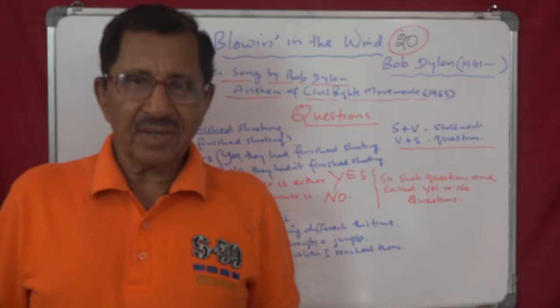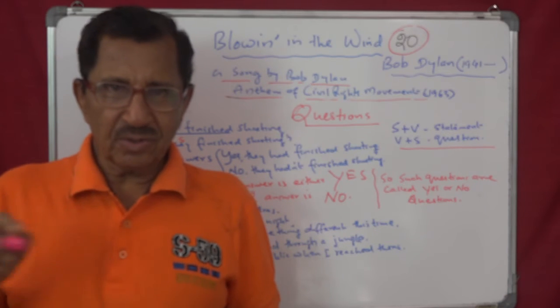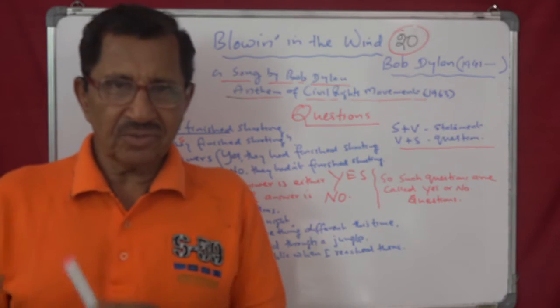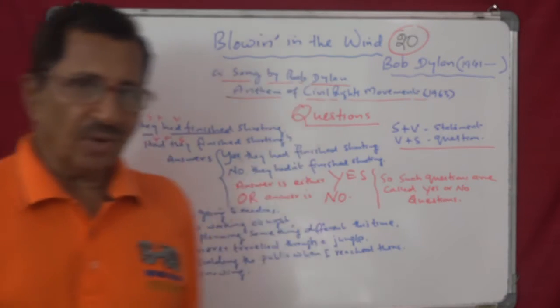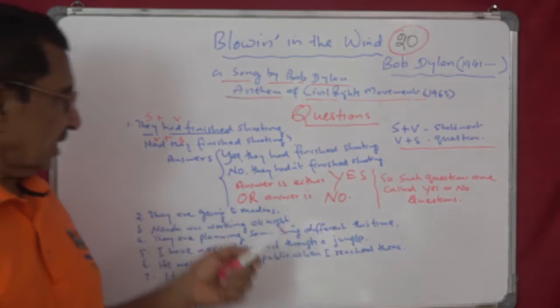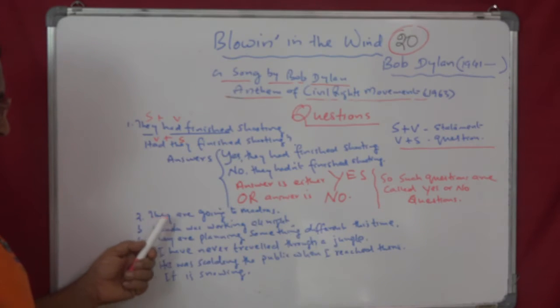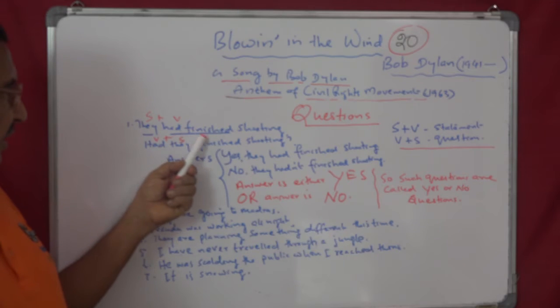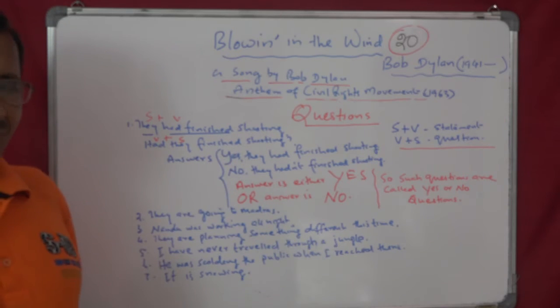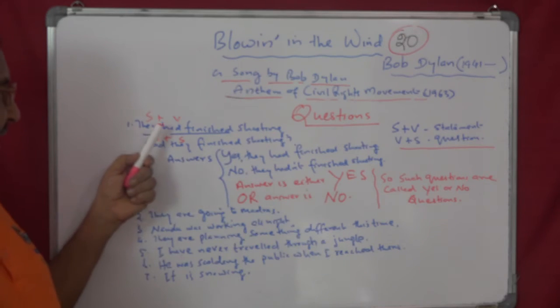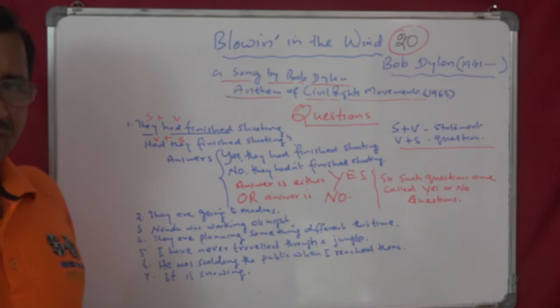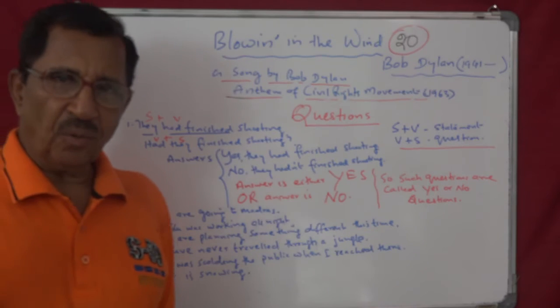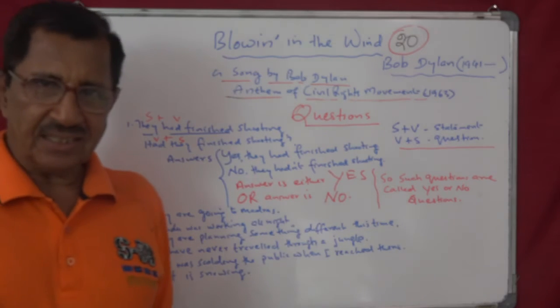In a statement what happened? He goes to school. He is the subject, goes is the verb. Now see here: they had finished shooting. They is the subject, had finished is the verb. That is the order of words in a sentence.